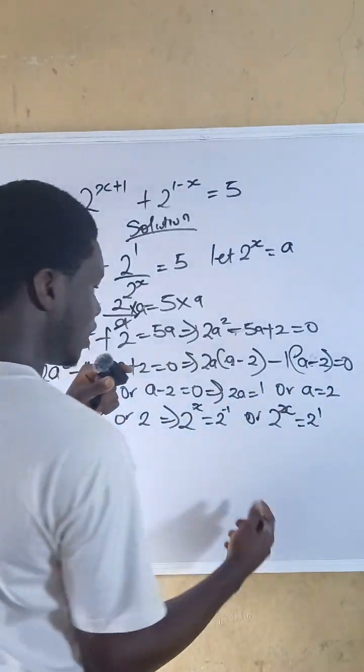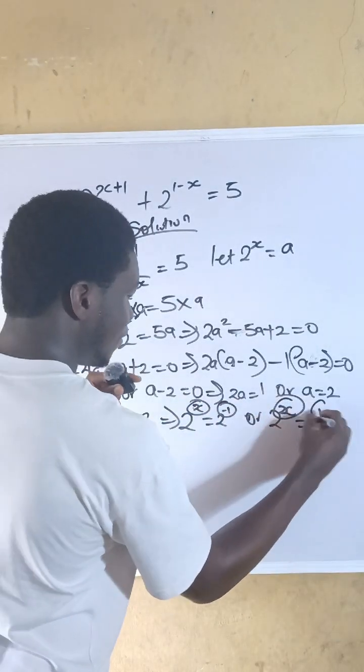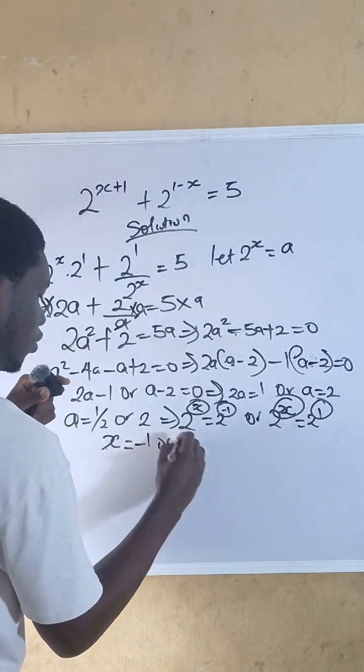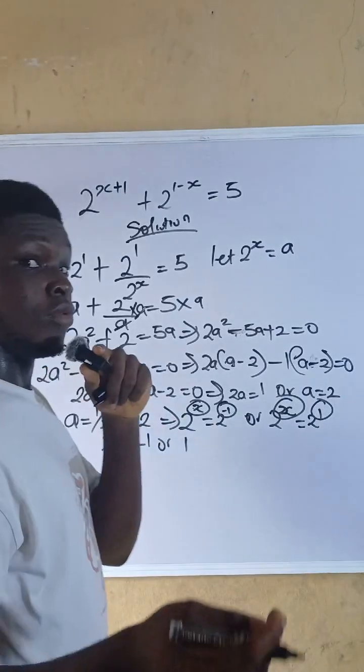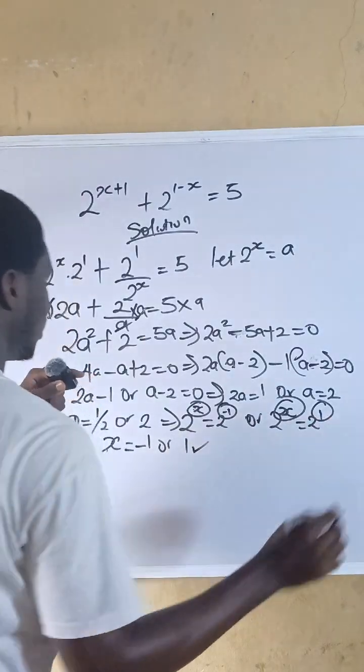Now equating both exponents, you can see that the value of x is negative 1 or 1. Whenever we are talking about problems like this, we take the positive value. So x is equal to 1.